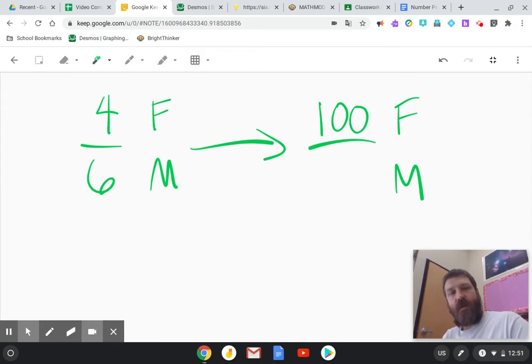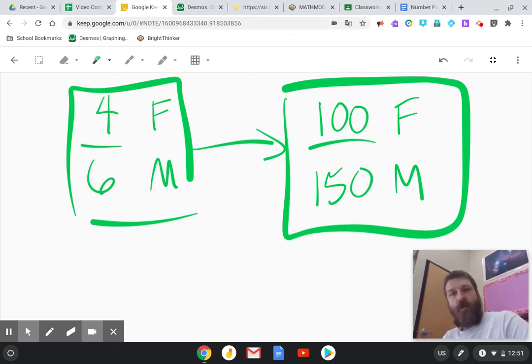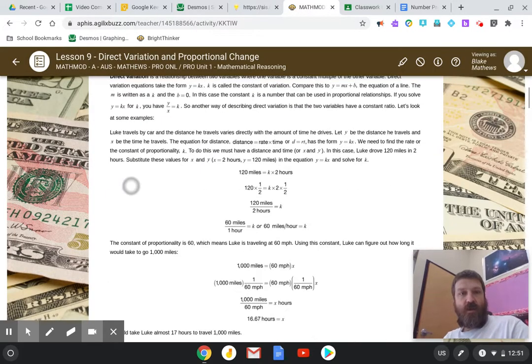And so the idea here is that the relationship between those two values is the same between this ratio and this ratio here. And so what we end up with is this idea called direct variation.